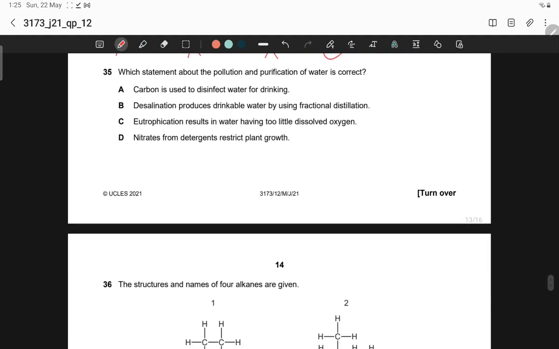Which statement about the pollution and purification of water is correct? Carbon is used to disinfect water for drinking. Carbon is not used to disinfect water, it removes odor.